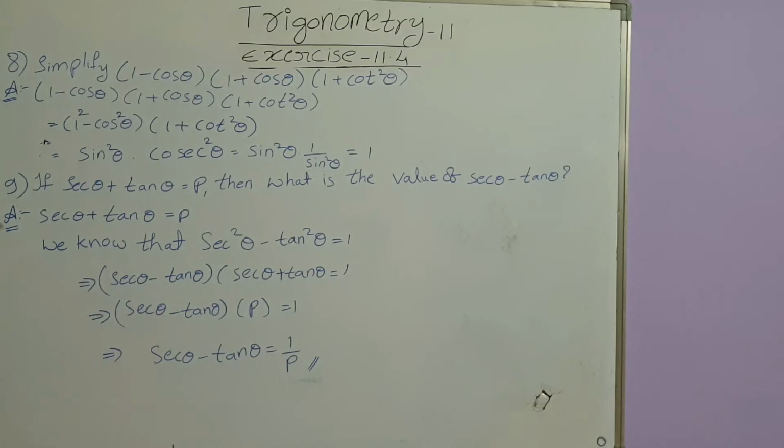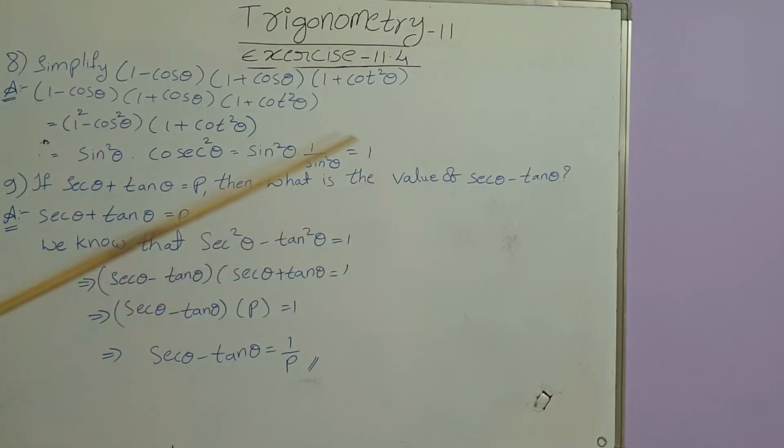Next, 9. If sec theta plus tan theta is equal to p, then what is the value of sec theta minus tan theta? Sec theta plus tan theta is equal to p. We know that sec square theta minus tan square theta is equal to 1. Sec theta minus tan theta, this is in a square minus b square form, so (a plus b) into (a minus b).